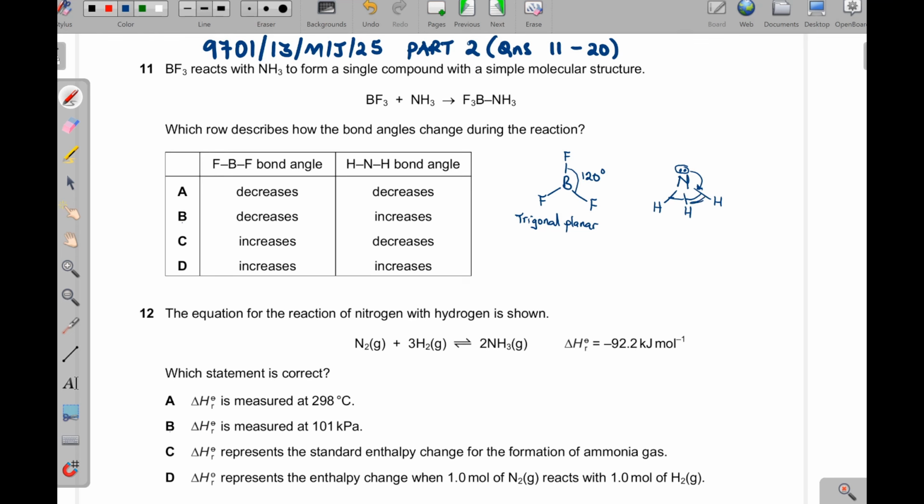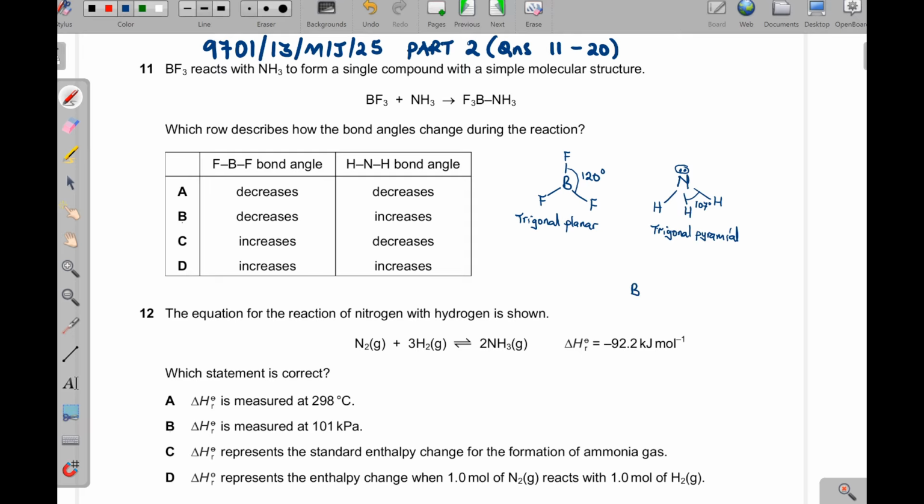So that means the angle here, which would have been 109.5, is going to reduce, and you find that the angle is going to be below 109. We can put 107 degrees. This is trigonal pyramid, not so? This is a pyramidal shape, so trigonal pyramidal shape.